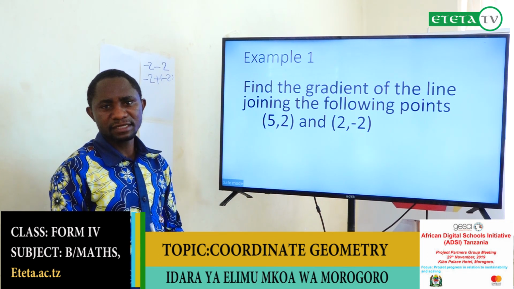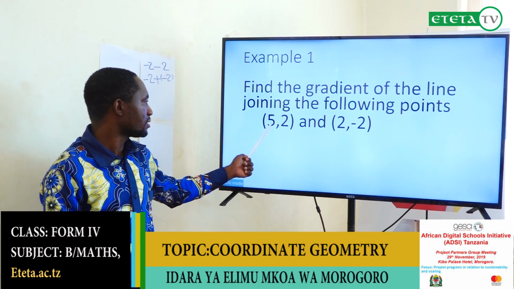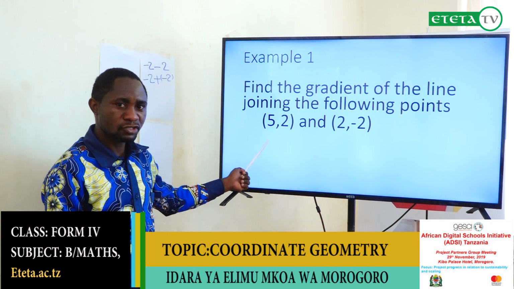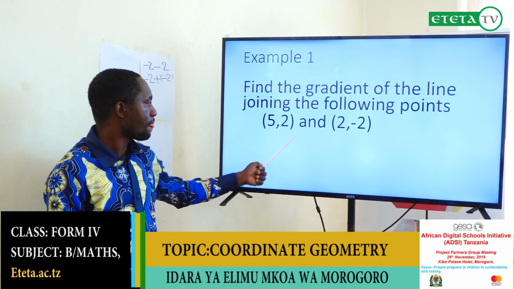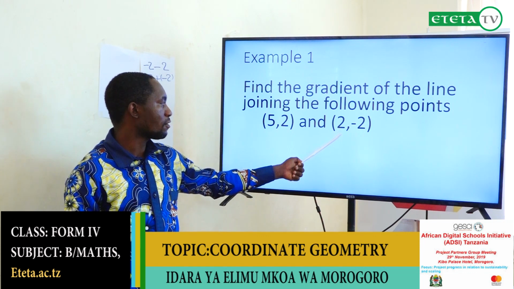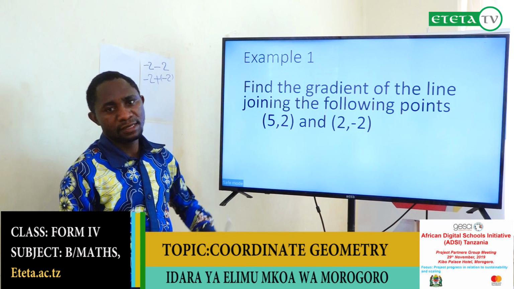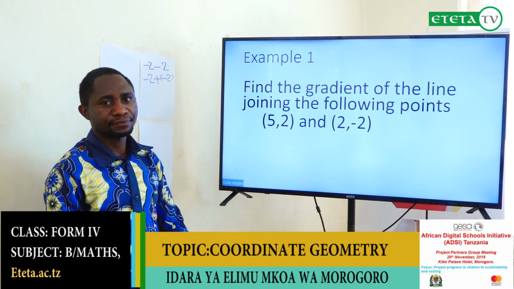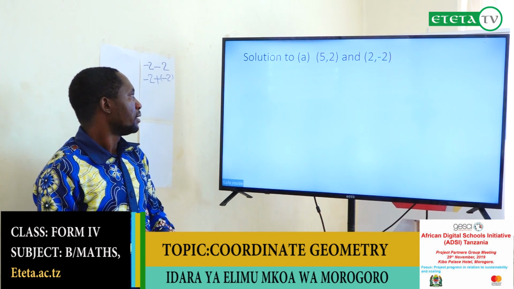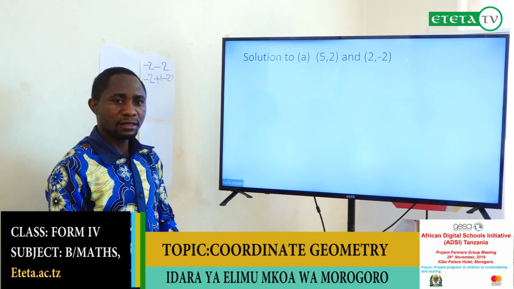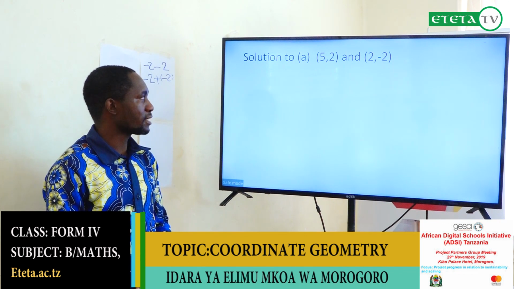If we take that into consideration, we can label this 5 as x1, positive 2 as y1, positive 2 as x2, and negative 2 as y2. Now, let us look at the solution of that example.